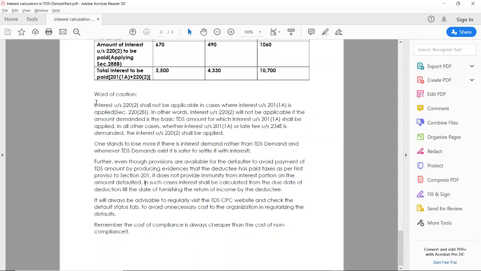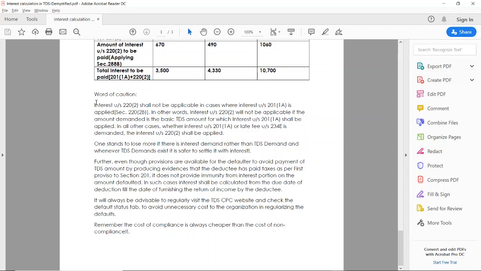Further, even though the provisions are applicable for the defaulter to avoid payment of TDS amount, the 201 1A provision provides that a person cannot be treated as an assessee in default if he is producing evidence that the TDS has been paid by the deductee and by producing his income tax returns along with a certificate of a chartered accountant.